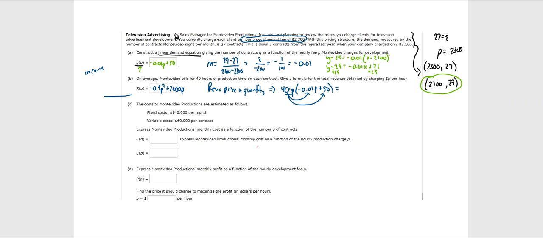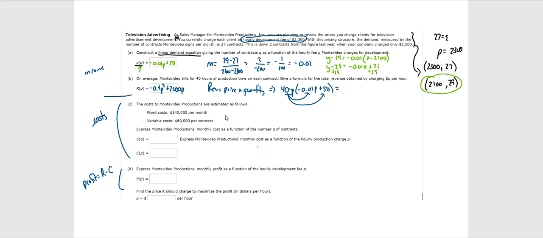Now we're going to change it up. Now we're going to look at costs. So this part here is all about costs. And then we'll sum it up with profit. Okay, so fixed costs, variable costs.